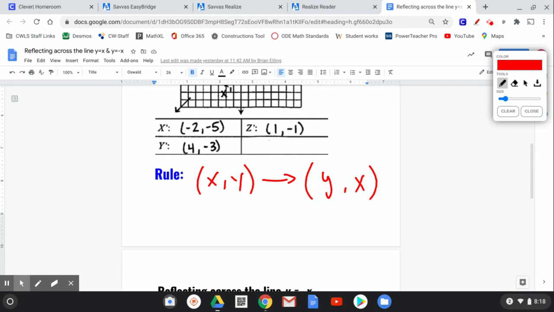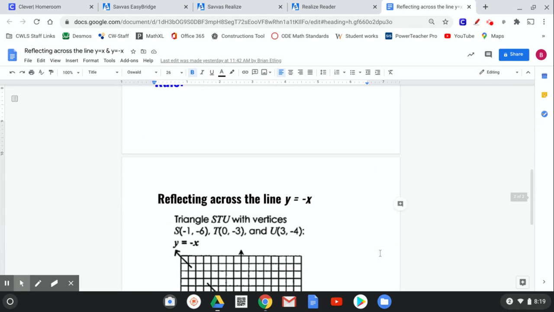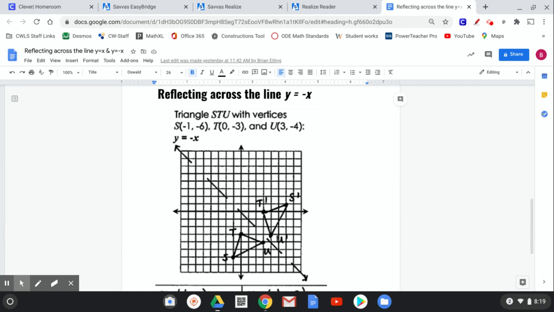So x was at -5, -2. All we did to get x prime is we switched those coordinates, okay? And put the x coordinate into the y spot, put the y coordinate into the x spot. That's it.